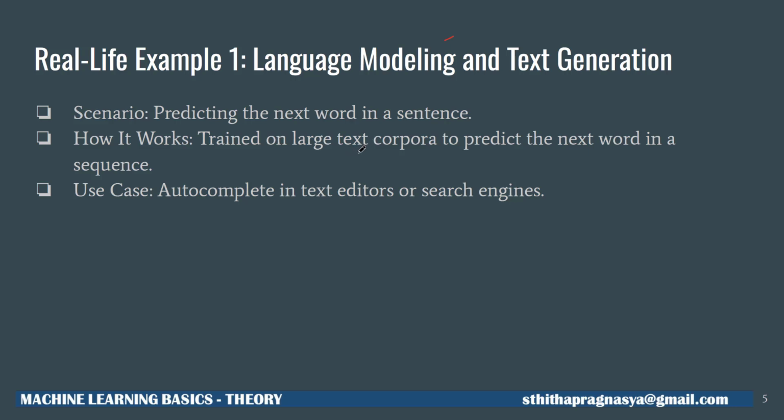Cat is on the mat. So what are the use cases? Autocomplete in text editors or search engines, correct? Whenever you are trying to search something in Google or anywhere, you will get autocomplete, right? These days, wherever you type something, it either auto completes or auto corrects it. So behind the scenes they are using RNN.